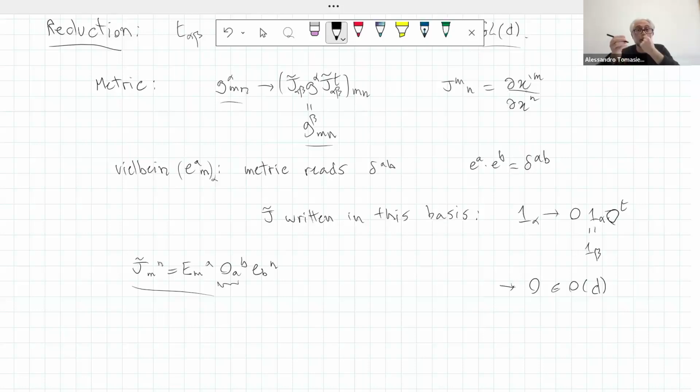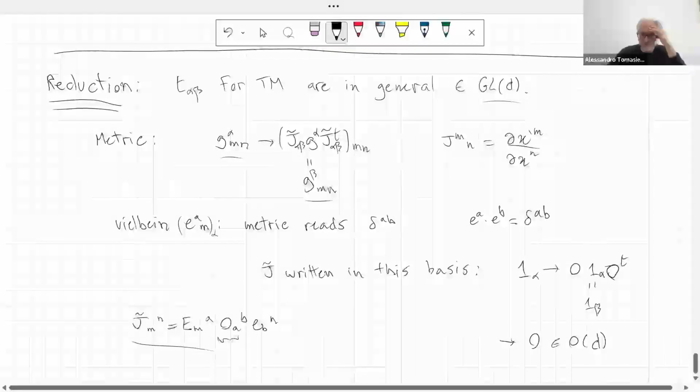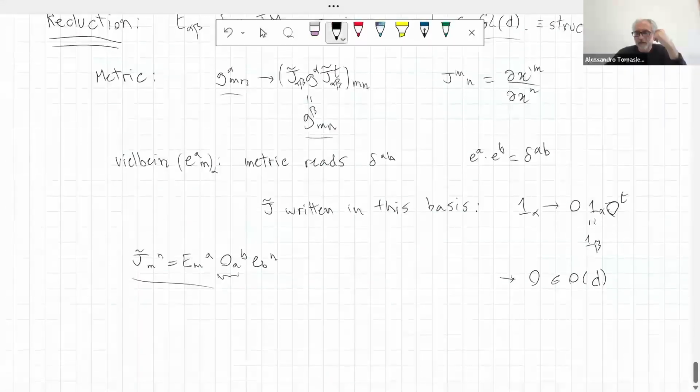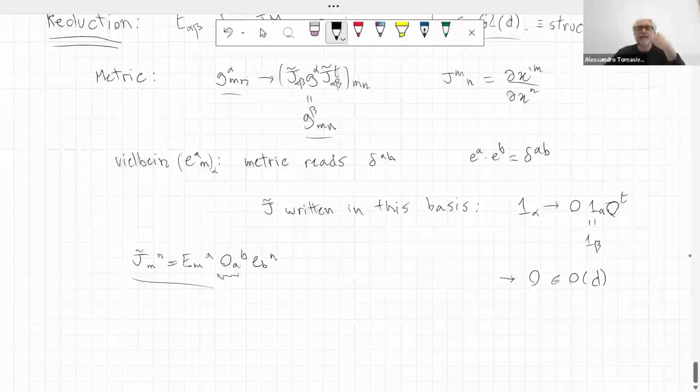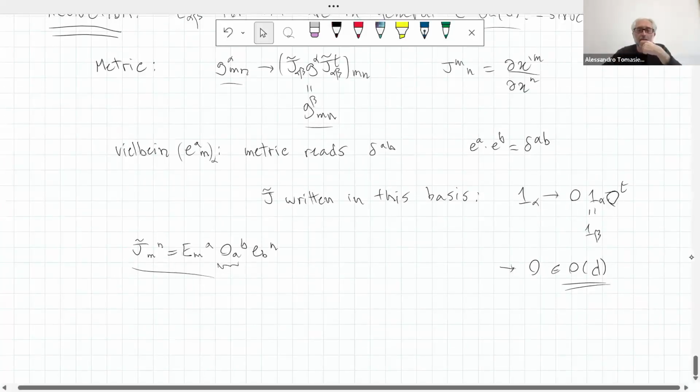So this is already our first reduction of the structure group. The structure group is the group in which the transition functions are taking values. And in other words, we have discovered that they can actually be reduced to O(N). So this says that the structure group has been reduced.